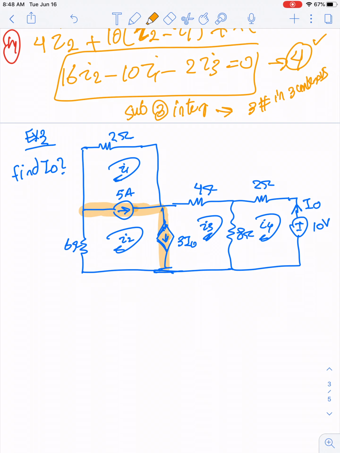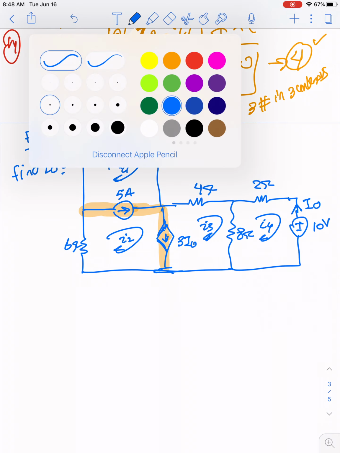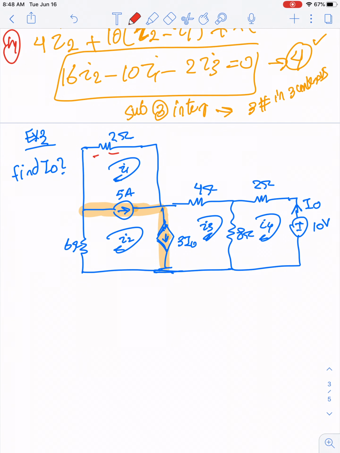Because this one is common between mesh 1 and mesh 2, I have to combine mesh 1 with mesh 2, and also because this one is common between 2 and 3, I have to combine 2 with 3.